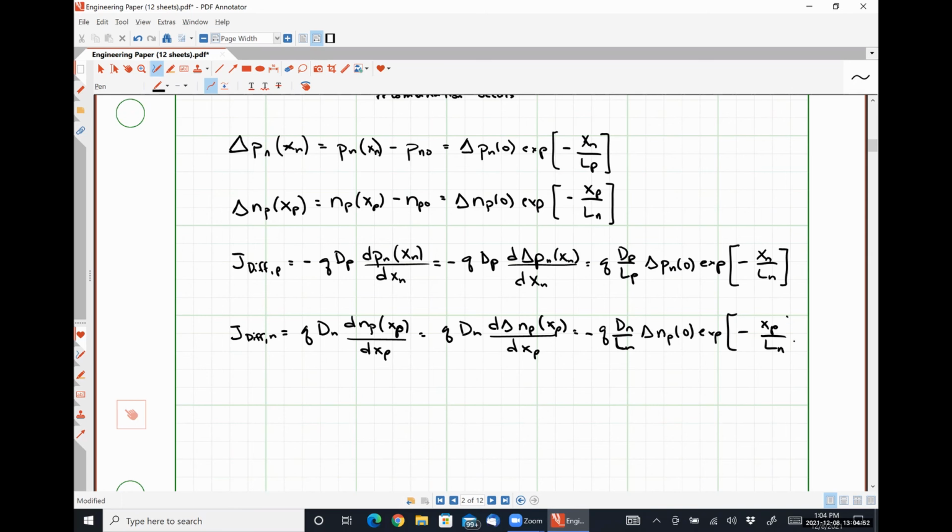Sorry, I made a mistake up here. Since these are holes, we should be using the diffusion length for holes, not the diffusion length for electrons.